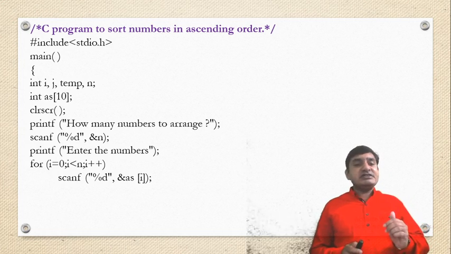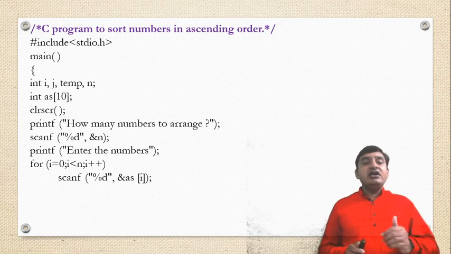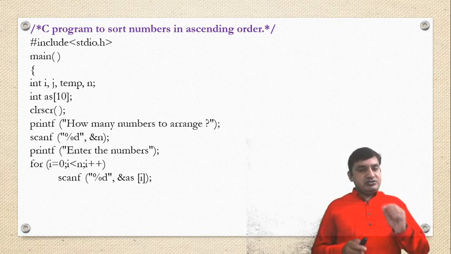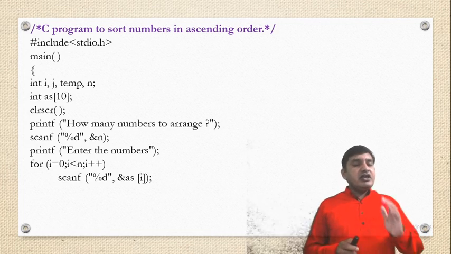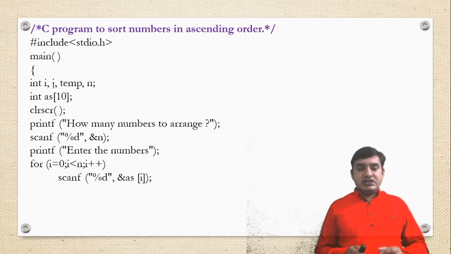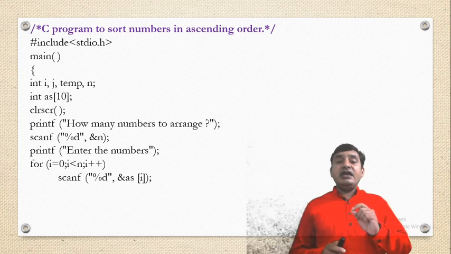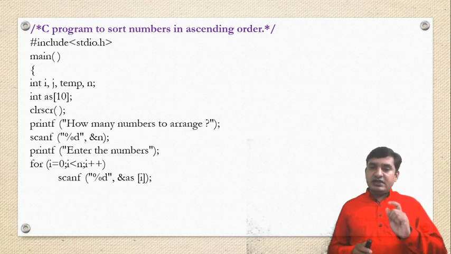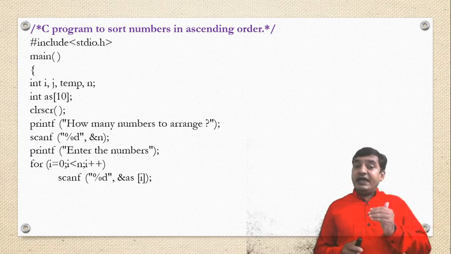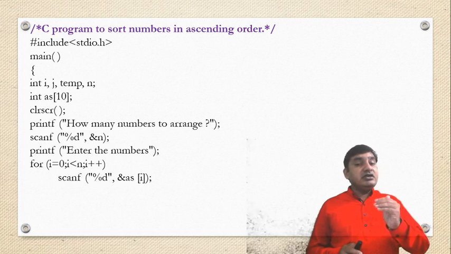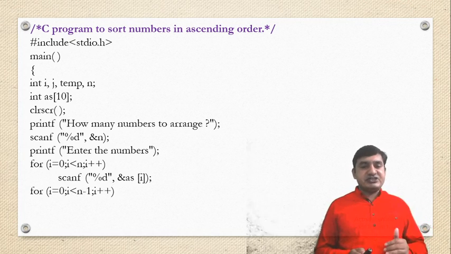So the array consists of 10 elements, so the total terms are 10, and all are integers. %d and as[i], that is ascending, i. We enter the different terms by using this scanf function.